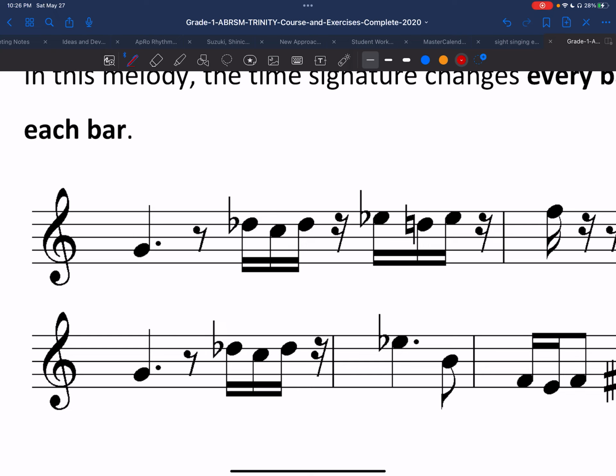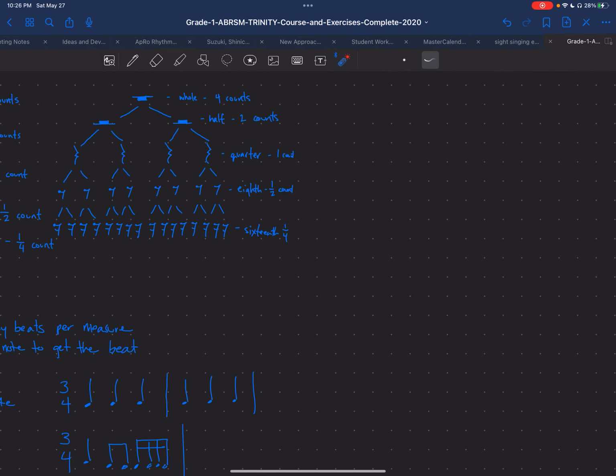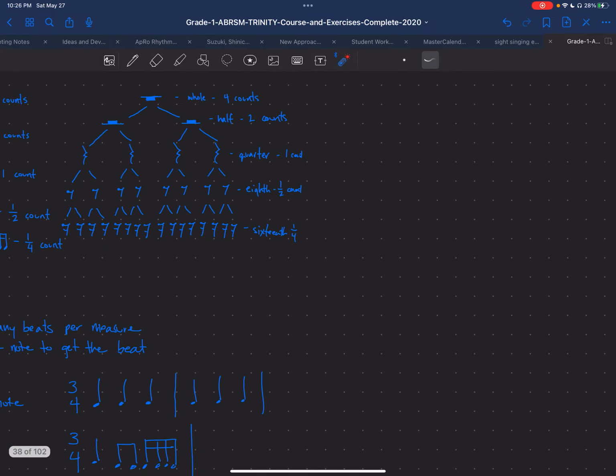have in each one. So we didn't talk about this the last time, but I see that we have a dotted note right here. So let's quickly go back to our previous page and remember that when we add a dot to the note, we add half of the note's value. So if we have a quarter note that has a dot on it, that means we have the same as a quarter note plus half of its value.